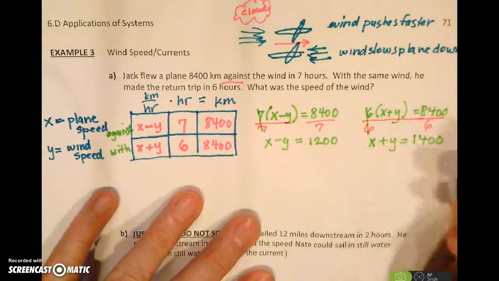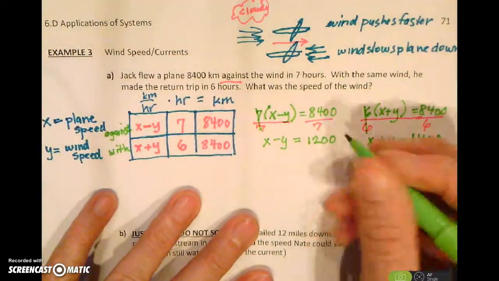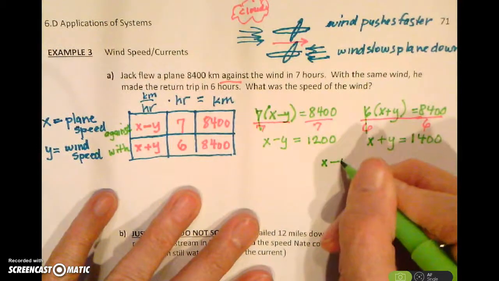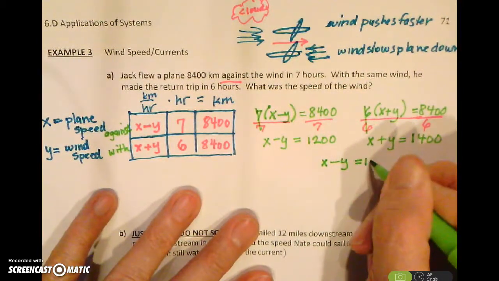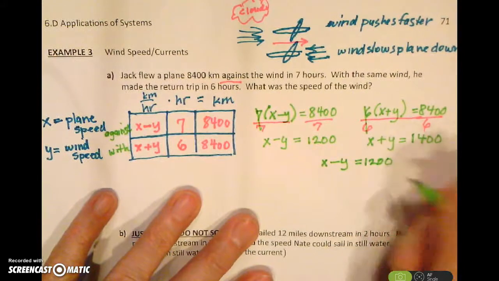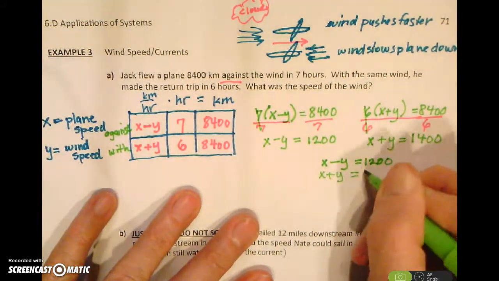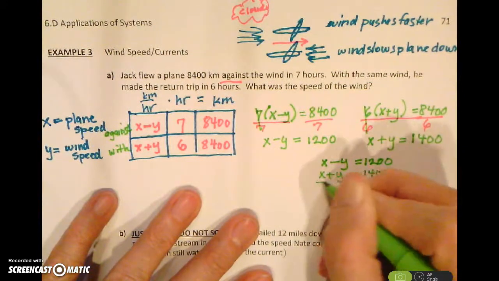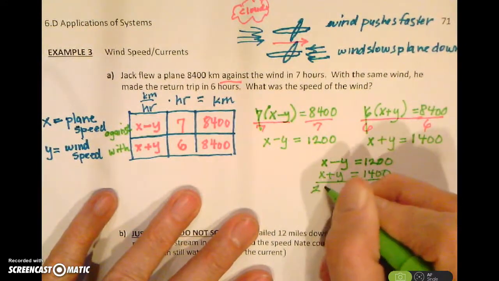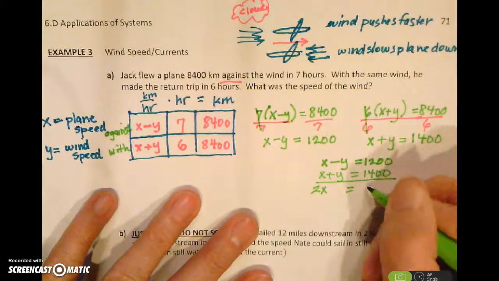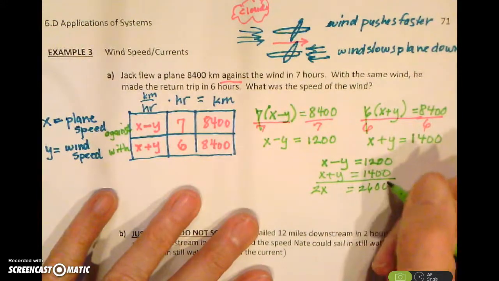All right, so now I've got a system of equations, but with simpler numbers. If you stack those on top of each other, then you can use the addition method very easily. So here's my first one: x minus y is 1,200. x plus y is 1,400. I'm going to add them and get 2x is equal to 2,600.